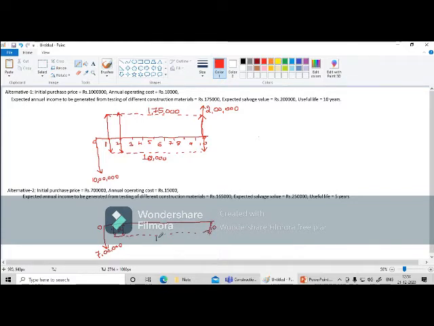So 15,000 every year they are going to spend as an operation cost. Annual income for the first year is 1,65,000. For the second year also it is 1,65,000. So for every year till the end of useful life it is 1,65,000.